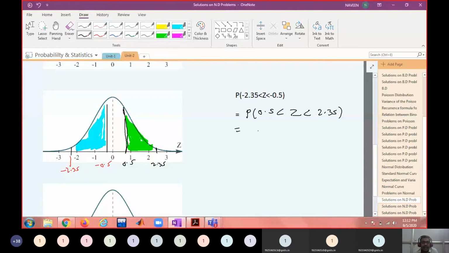Is it okay? So how do I write this? Probability 0 less than z less than 2.35 minus the area 0 to 0.5.